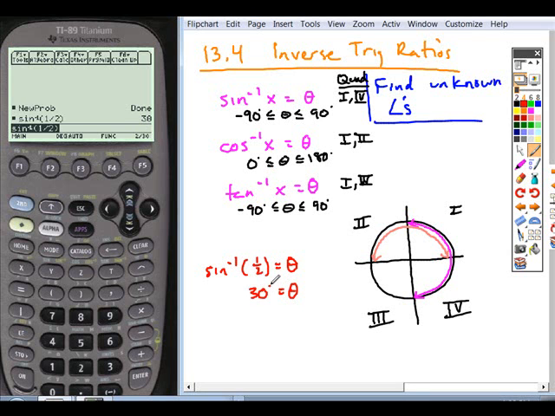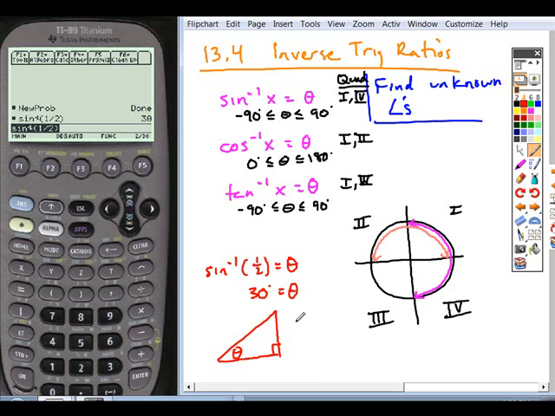Now, think about what this is saying. Remember all of our trig ratios are based on right triangles, with some angle theta. The inverse sine tells you that the sine ratio 1/2 is the sine ratio for what angle theta?